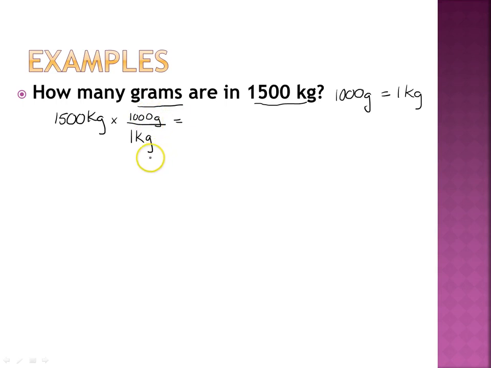So just like with the fractions that we were showing you earlier, look at your units now. Kilograms cancels, kilograms cancels. It leaves you with grams. Lots and lots of zeros. Okay? So there's how many grams are in 1,500 kilograms. If it helps you, you can think of this as a fraction as well, put it over 1, but it's the same thing.